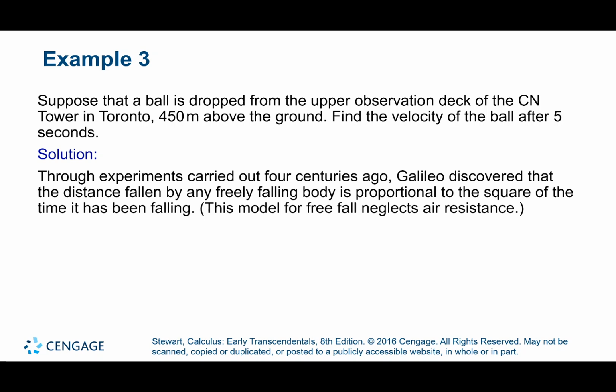Let's think of this problem. It says, suppose a ball is dropped from the upper observation deck of the CN Tower in Toronto, 450 meters above the ground. We want to find the velocity of the ball after 5 seconds.